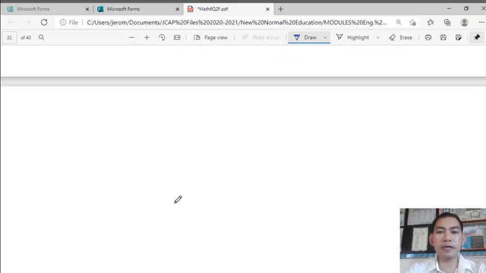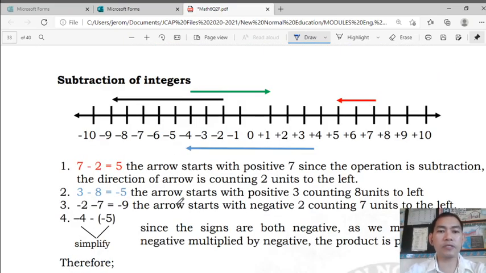Next, let's proceed now to subtraction of integers. So in subtraction, since you're going to subtract, the jumps will be going to the left. So let's start first with 7 minus 2. Positive 7, this is our starting point. Going to the left because it is minus 2. 1, 2.